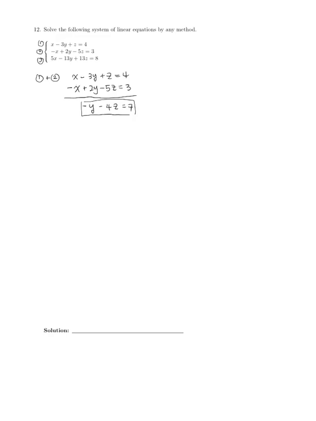If I multiply the top equation by negative 5, then here what I'm going to get is negative 5x plus 15y minus 5z, and don't forget to multiply by negative 5 on the right-hand side of the equal sign. So it's going to be negative 20, and equation 3 is 5x minus 13y plus 13z equals 8.